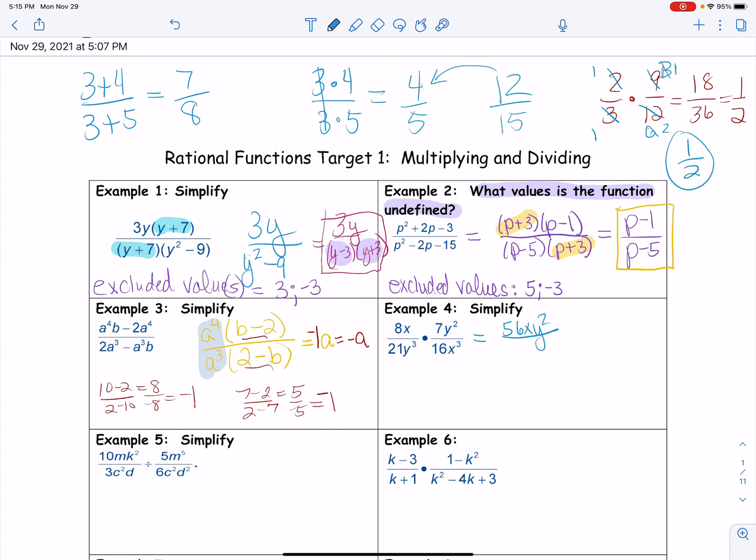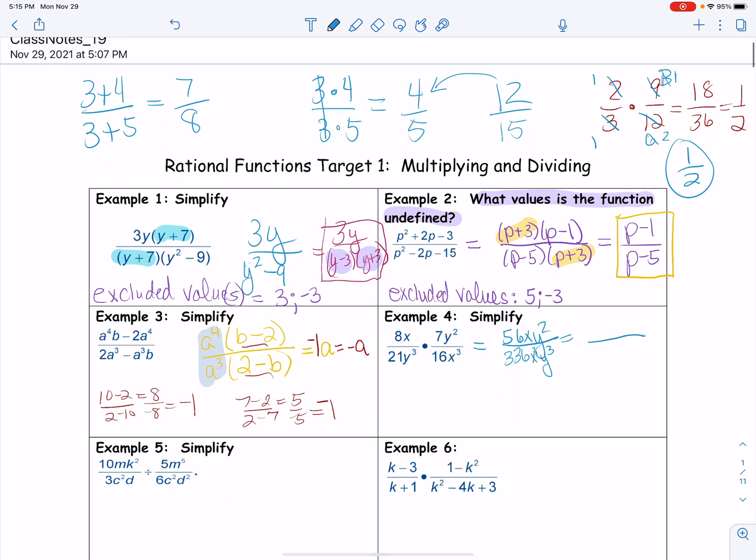I'm going to have to get out a calculator. 21 times 16 is 336, and it would be x cubed, y cubed. Okay, so if I look at that, 336, I think I've divided them both by 8. So I think that would be 7 over 42. Okay, and then I have 1x on the top and 3 on the bottom, so that'd be x squared, and then I have 2 y's on the top and 3 on the bottom, so y. So this would be my answer.